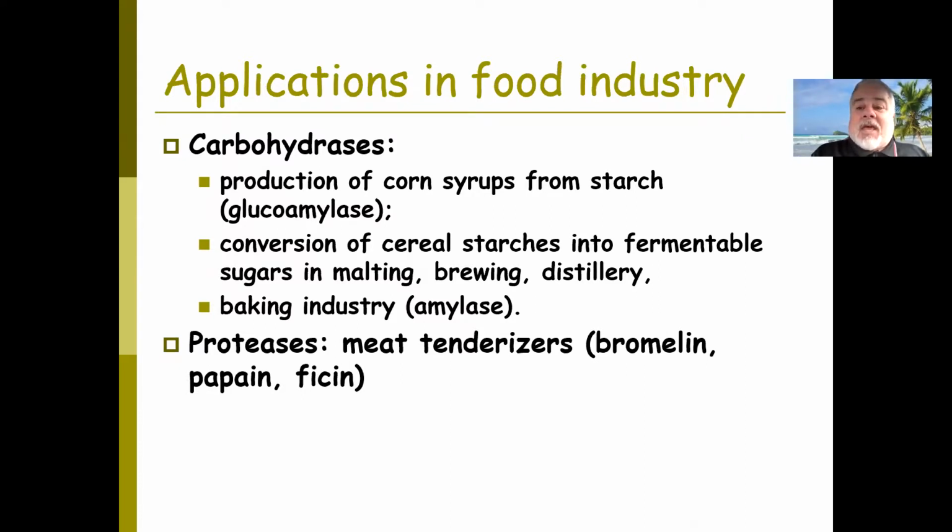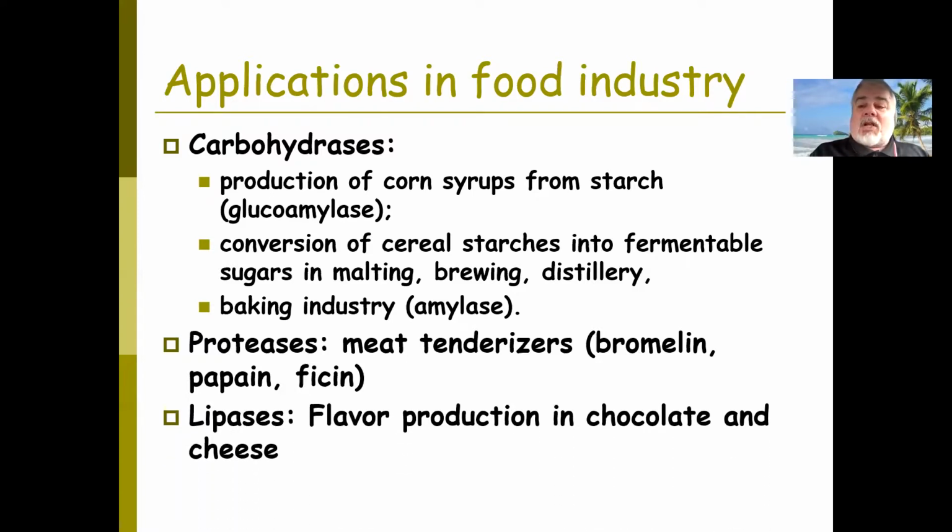Many of them contain papain and/or ficin in order to not only add flavor with the other components, but to help break down the proteins a little bit as you're marinating it, so that it's a little more tender when you're done cooking it.